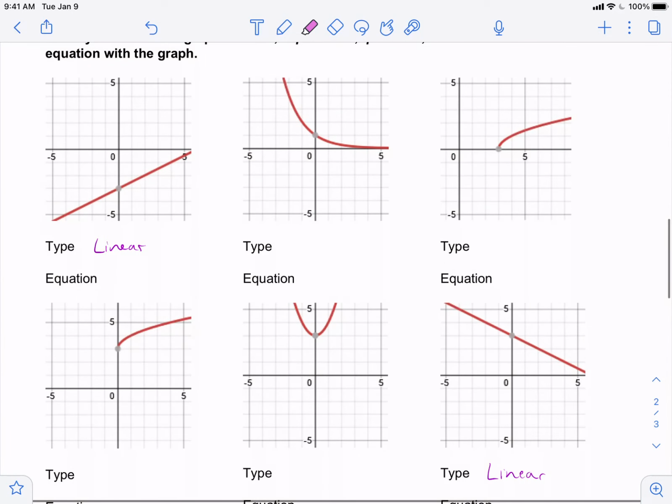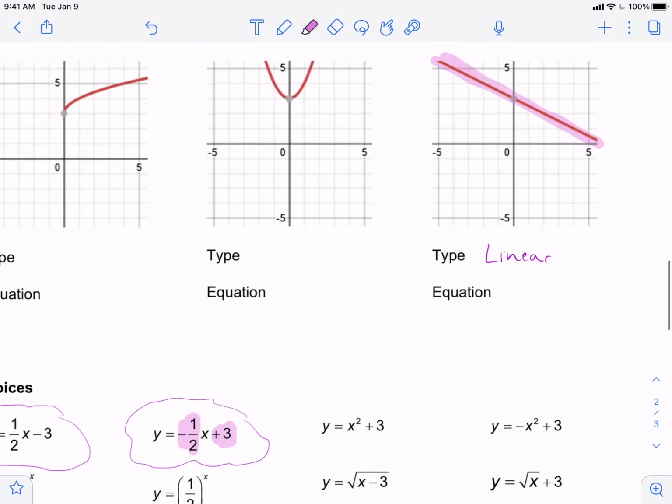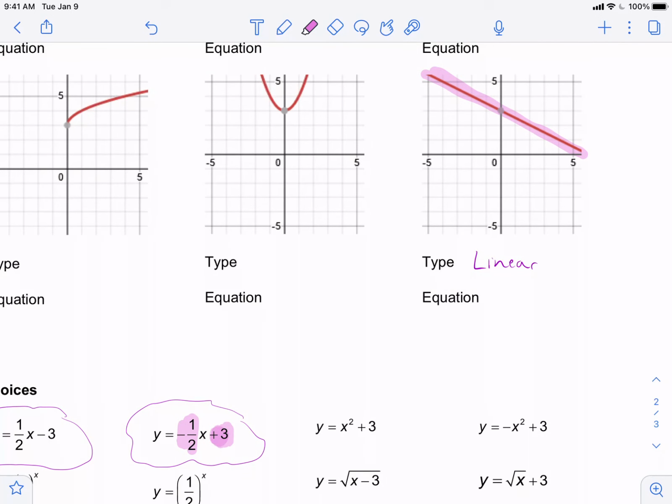So looking at our two graphs, this one has a positive slope, this one has a negative slope, so that's kind of leading us to think that maybe that's the guy. And then we notice that we had a y-intercept of a positive 3, and if we look on our graph, we have a hit at positive 3, so this equation must go here. So the equation for this one is y equals a negative 1/2 x plus 3.